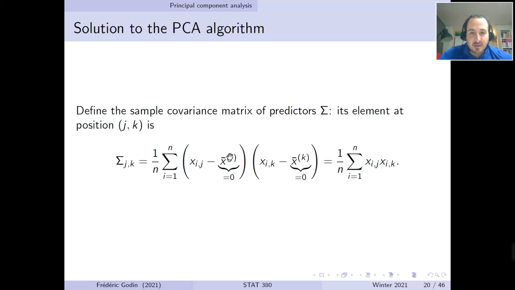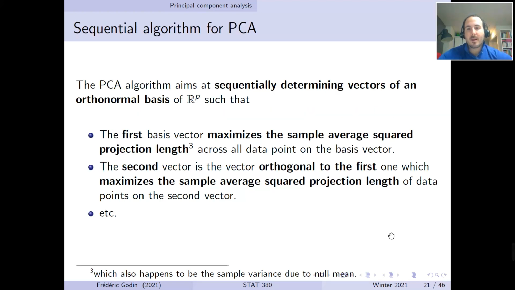And because the means of each predictor are 0, those mean terms disappear. So sigma_jk is simply the average across all observations in the data set of the jth predictor times the kth predictor. So when the means are 0, the covariance can be obtained by simply taking the product between the two predictors and averaging across all data points.